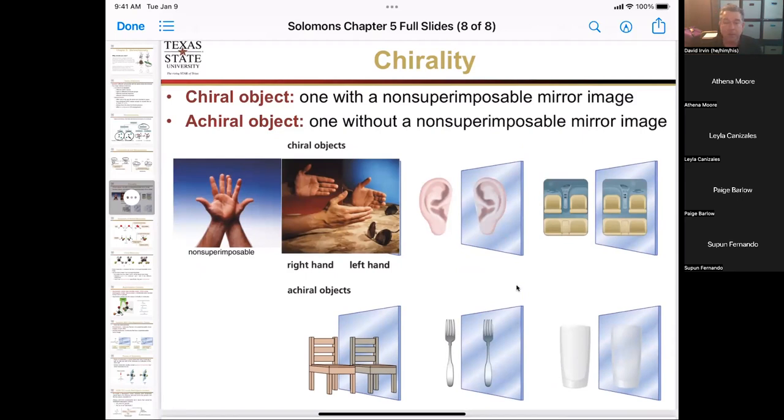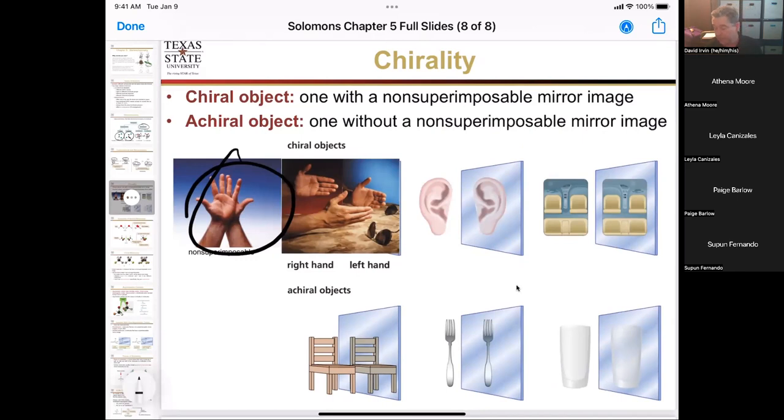Okay, so if we look at things like that, we have things like our hands here. Because again, if they're in the same orientation, you have finger and thumb, finger, finger, finger, and finger and thumb. So they are different. But anything that's not a chiral object, that does not have a non-superimposable mirror image, and has a mirror image that can be superimposed, we call that achiral or non-chiral.